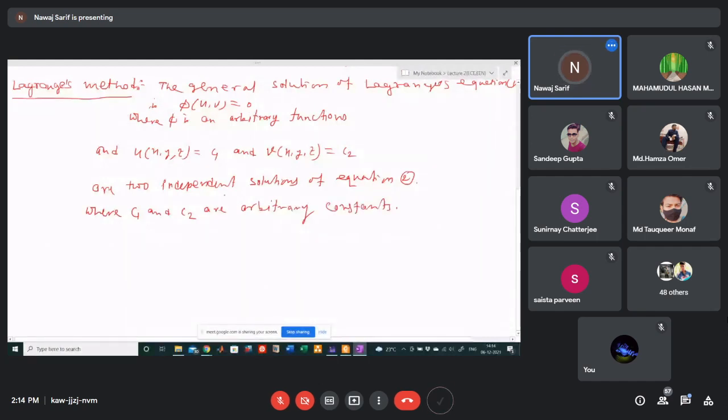This is the result to find a solution of equation 1.